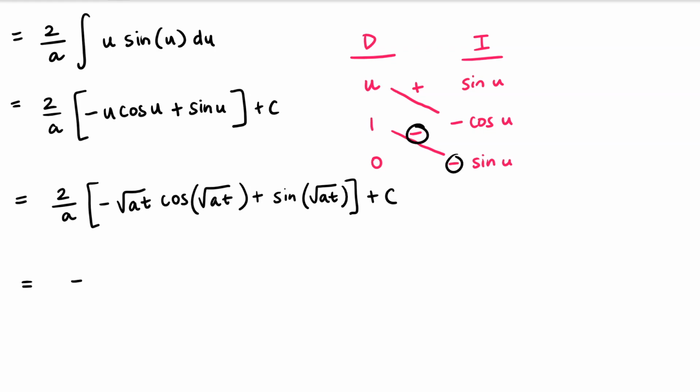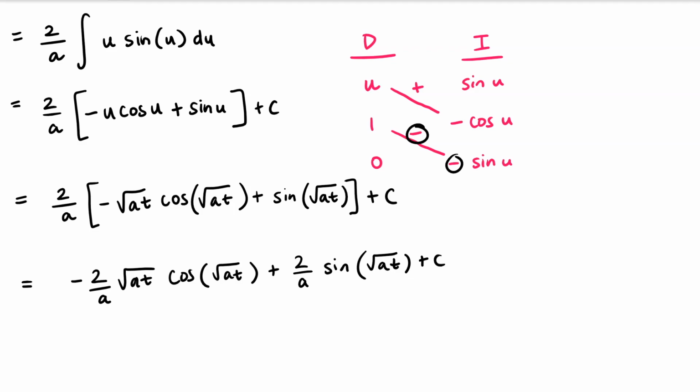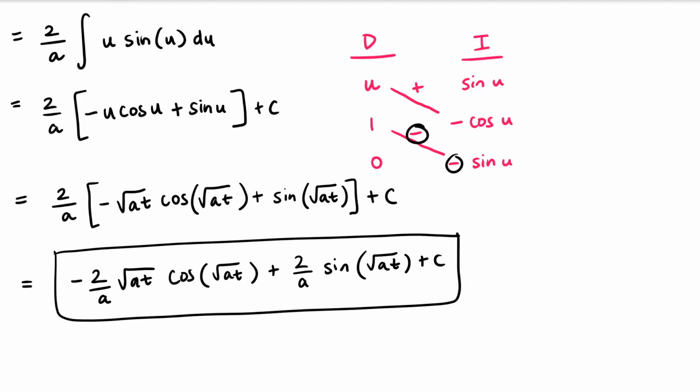If we do that, we get negative 2 over a times the square root of a times t times cosine of root a t plus 2 over a sine of root a t plus our constant of integration. And there's our final answer.